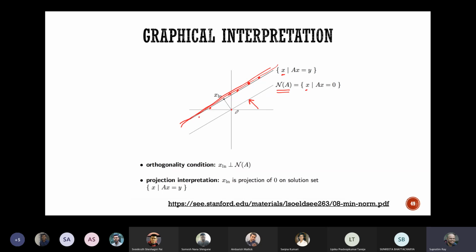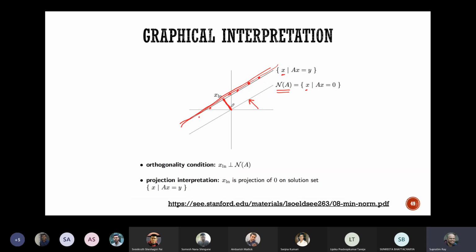So x equal to 0 trivially lies in the null space. Now what you have to see is that x_ln is this thing. This is the projection of 0 on the solution set given by Ax equal to y.